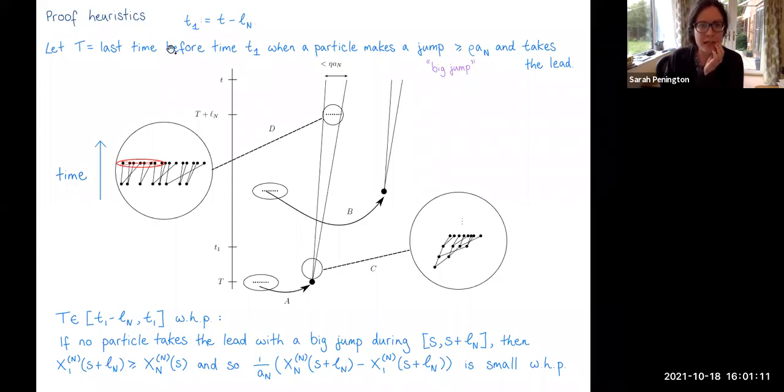By definition, it's always at most t1, but to show this, you have to convince yourself that there is a time between these two times when a particle takes the lead by making a big jump. So what could go wrong? What happens if no particle manages to take the lead with a big jump during some time interval of length ln, from s up to s plus ln for some s?